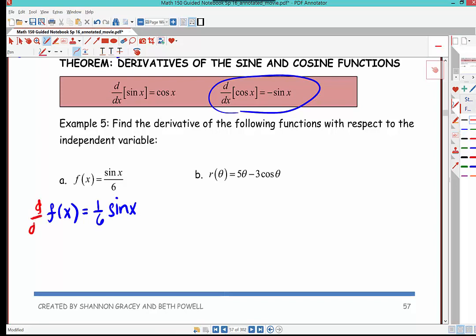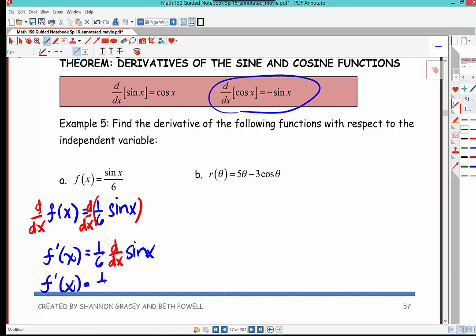And so when we differentiate both sides with respect to x, on the left we'll get f prime of x, and on the right, remember you can bring out that scalar, and then you're going to evaluate the derivative with respect to x of sine at x. So f prime of x will be 1/6 times, good, cosine at x, and you're done.